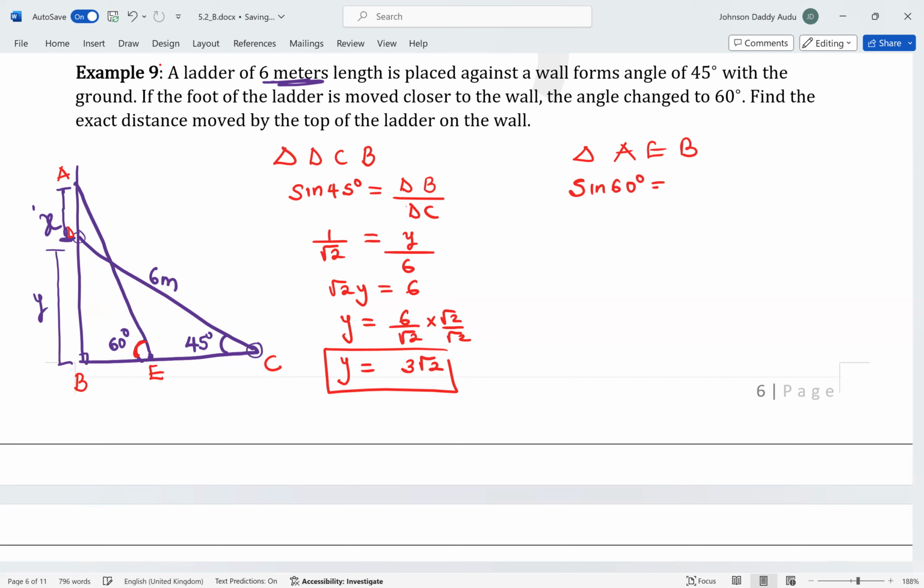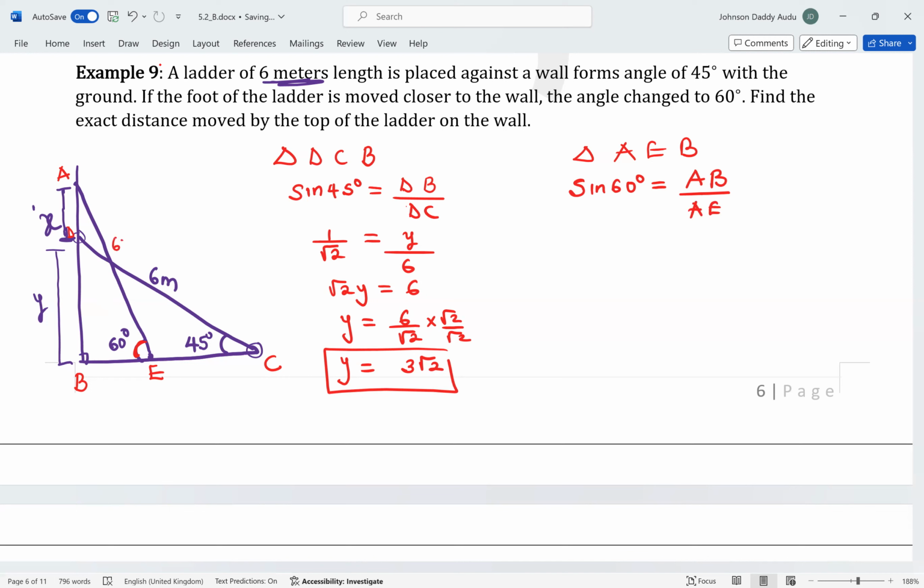So sine 60 degrees is going to be the opposite, which is the length AB. Yes, that will be the opposite, A to B. Then the hypotenuse is going to be AE. But what is the length of AE?